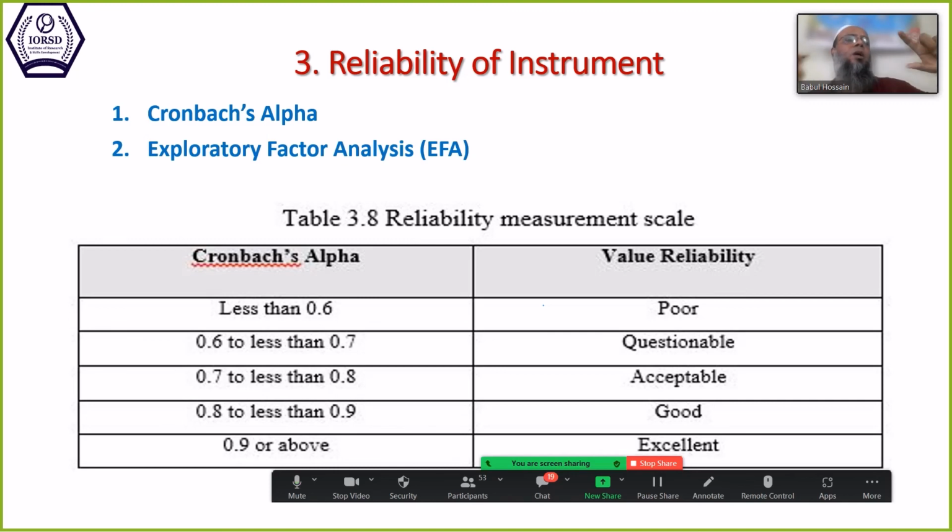Suppose you have taken 5 items and you take them together. If the Cronbach alpha is less than 0.7, then we doubt that all the items have internal consistency. If there are low factor loading items, we can delete some items so that we can improve the reliability of the items for measuring a particular variable. Thank you, sir.